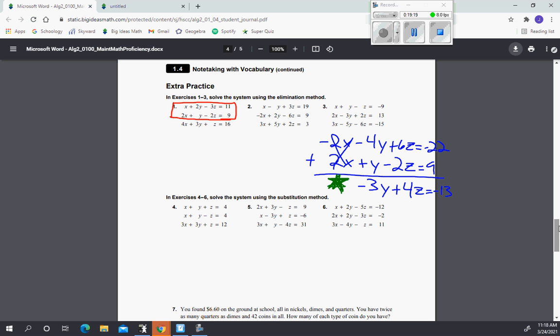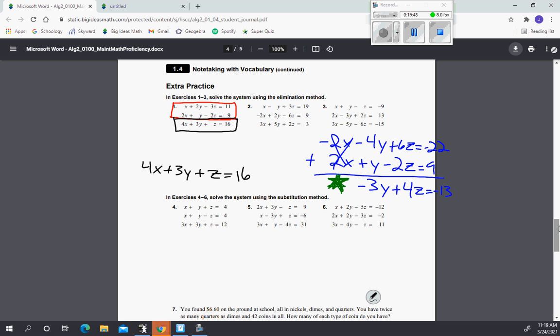My next step, I have to use my third equation. And I have to get rid of x in order for this to work. So I have 4x plus 3y plus z equals 16. I don't care which equation you use, the top or second equation, I do not care.